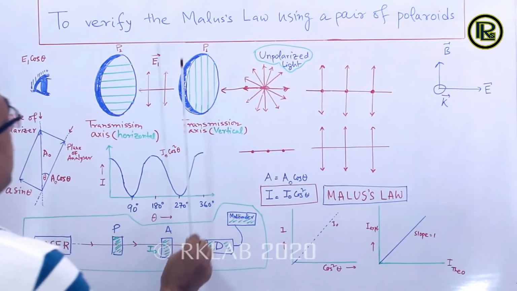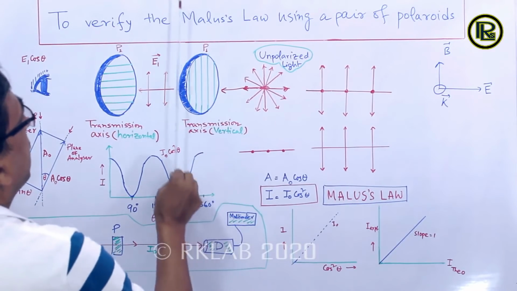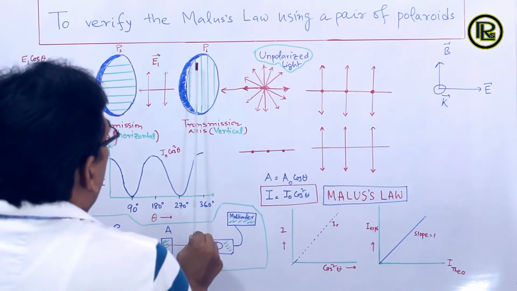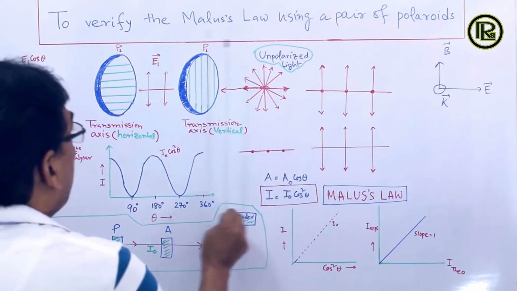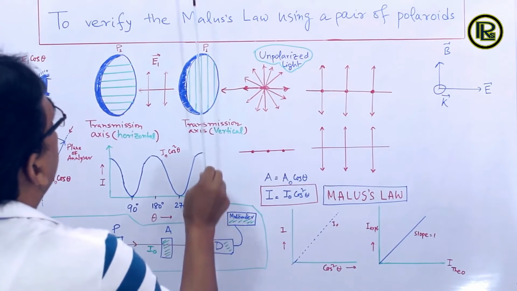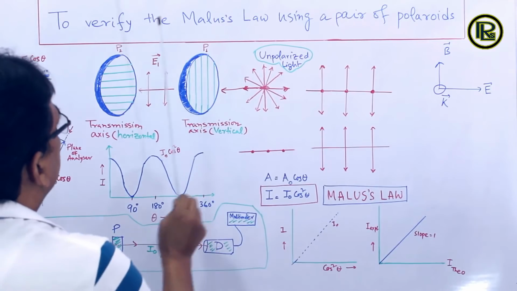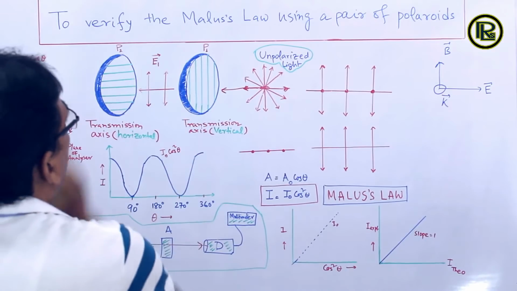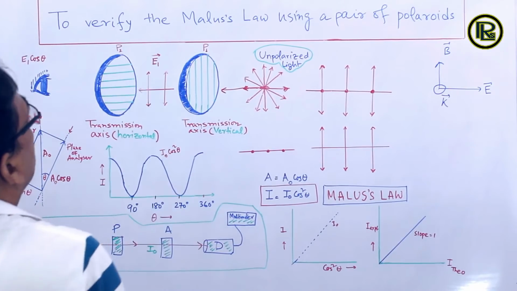So this optic axis is along this direction. So the Polaroid is allowing only the component parallel to the optic axis through. So we have here, after the Polaroid, this particular vibration.